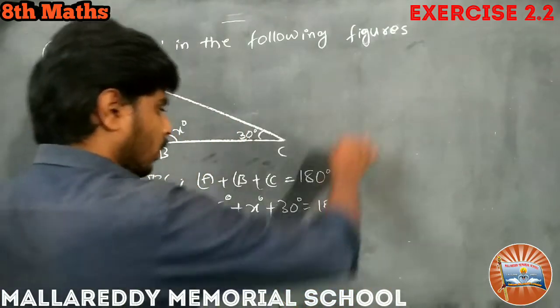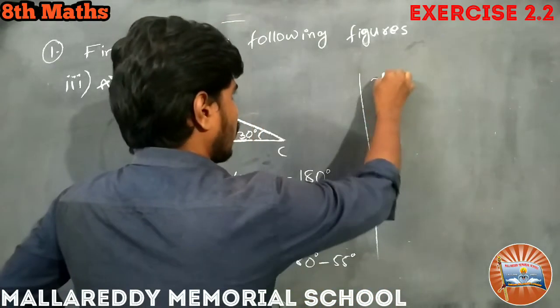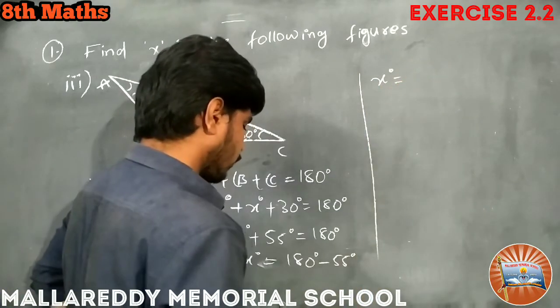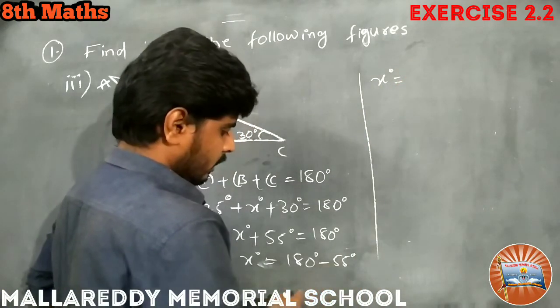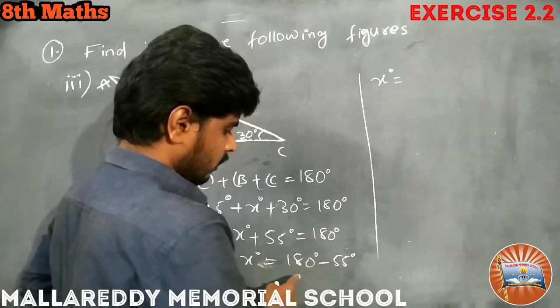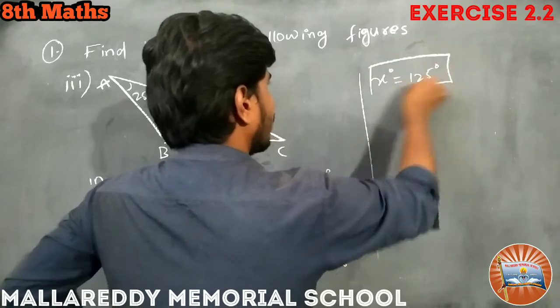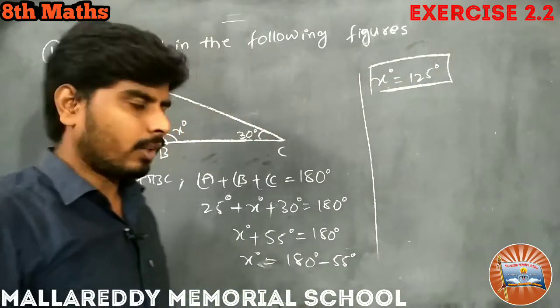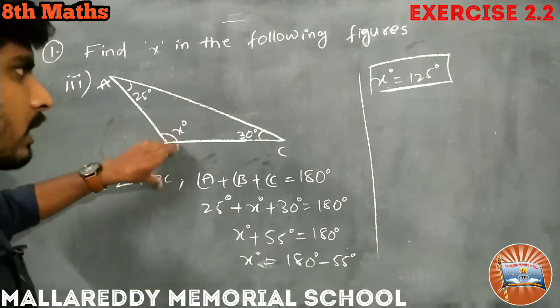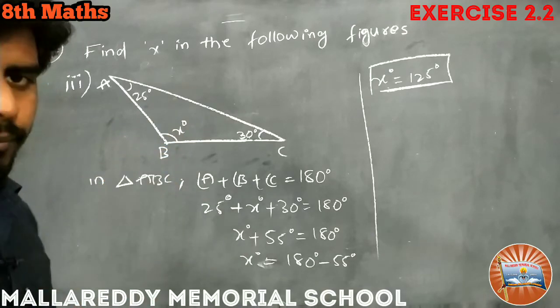Now what is the required answer? x is equal to 125 degrees. This is angle B, 125 degrees here. Okay, right?